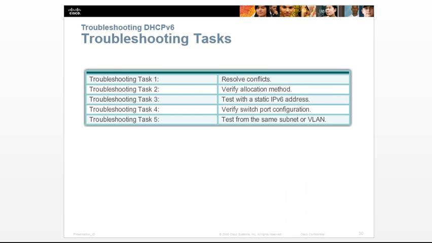Much like with 4, things that can occur with IPv6 are conflicts. Again, that happens a lot when you have one server that you take down and bring on to another one. And in the Windows classes, we talk about ways to get around that with something that's called an 80/20 server. And I don't know the commands on Cisco, but I'm pretty sure there's a way to do it.